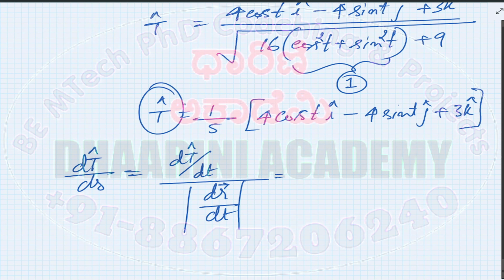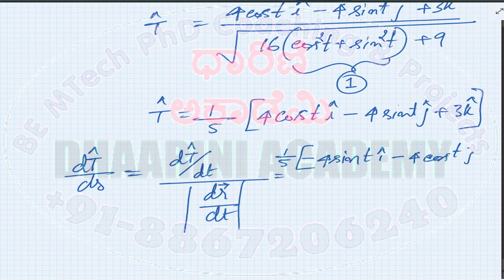In the sense, I need to differentiate this function, correct? So differentiate that function. The 4 cos t becomes minus 4 sin t. There is a 1 by 5 outside, so I'll simply write 1 by 5. Then you differentiate T cap: 4 cos t becomes minus 4 sin t into i cap. Then minus 4 sin t differentiation is minus 4 cos t into j cap. And 3 is there, its differentiation is 0.